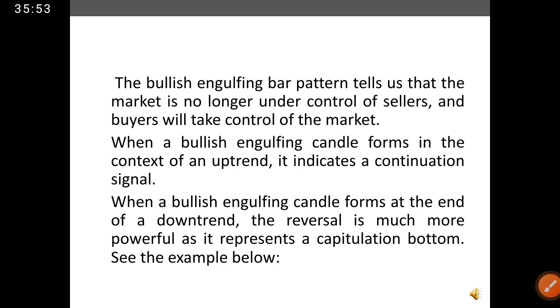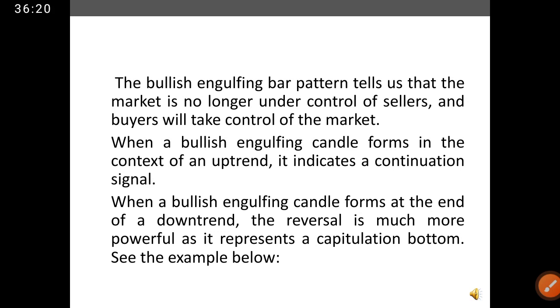That's what it signifies. When a bullish engulfing candle forms in the context of an uptrend, it indicates a continuation. Let's say price was going up. Then suddenly you see a bullish engulfing candle again. That means price will continue up.